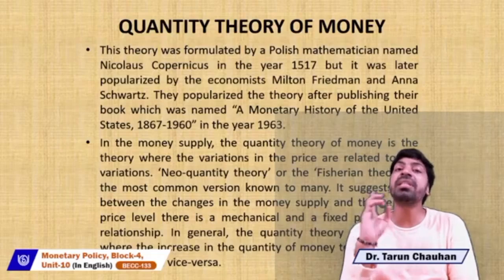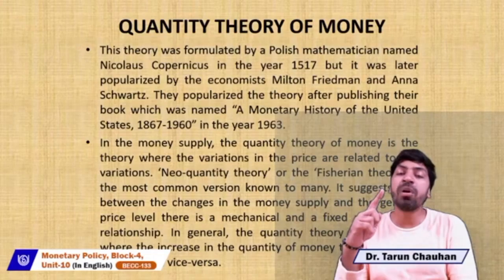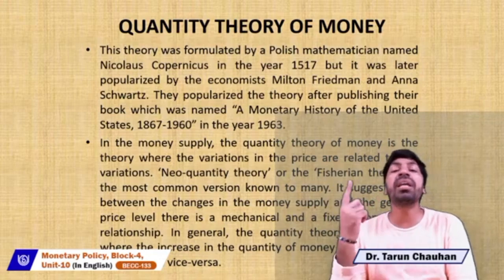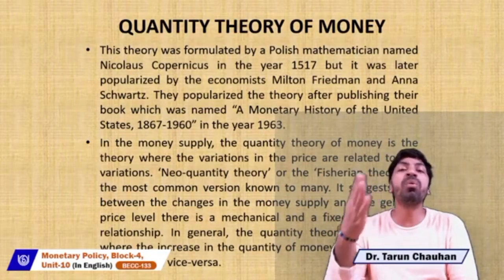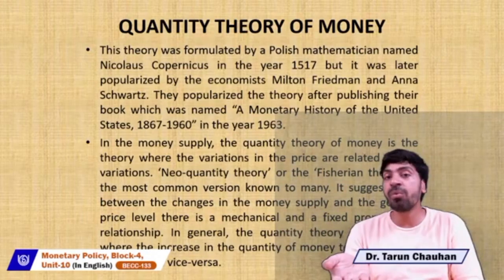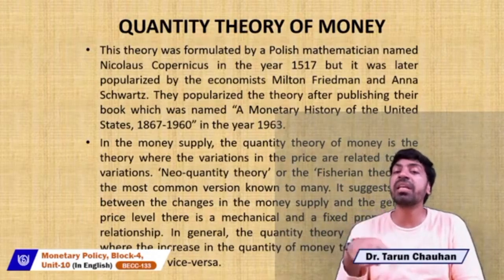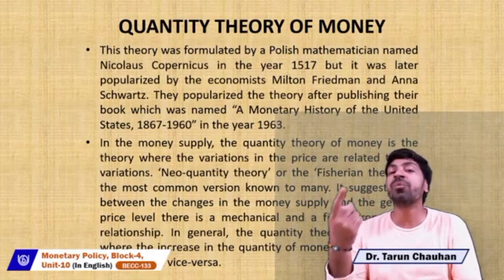If there is an increase in the quantity of money, it would tend to create an inflation situation. So if more and more money is printed by the Reserve Bank of India, then the inflation situation would increase.